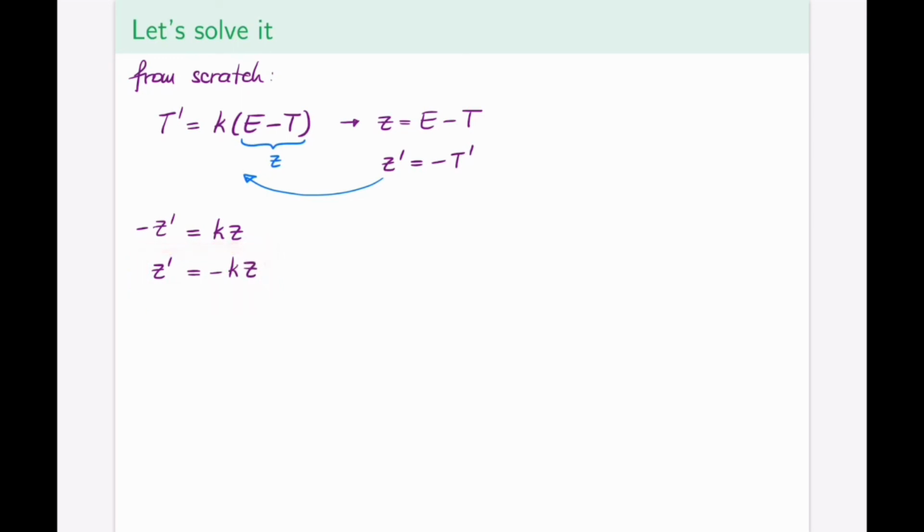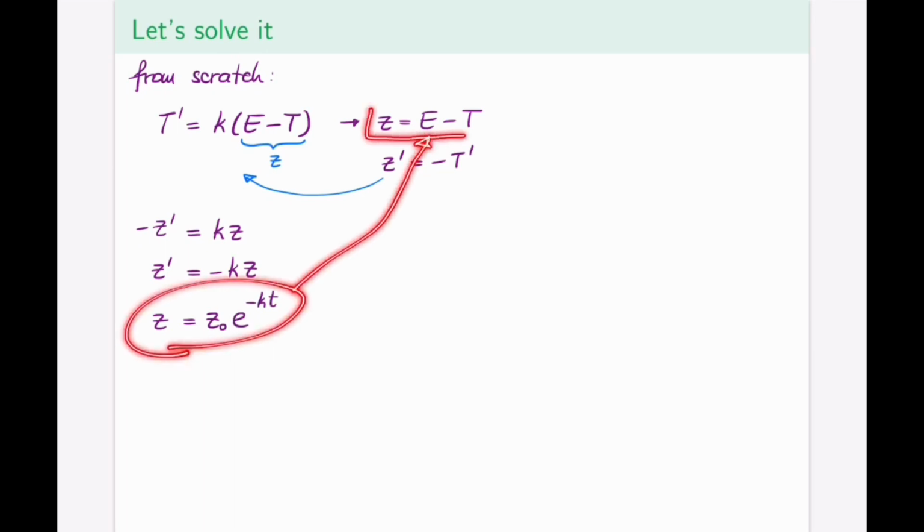This is of the form y prime equals ky, except, of course, y is being called z, and there's a negative in front of it. So the solution to this is going to be z equals some initial value z naught times e to the power minus kt.